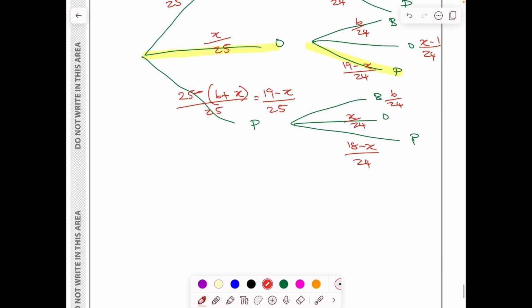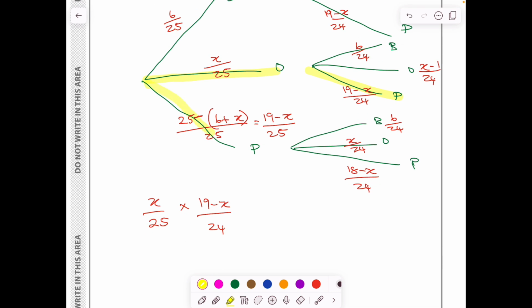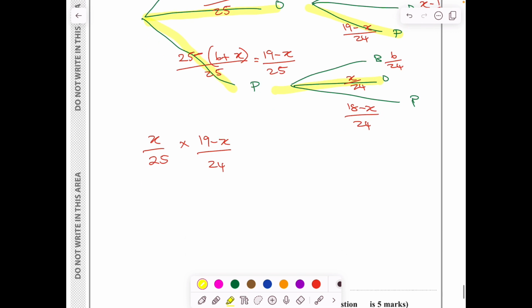Let me write that down: X over 25 multiplied by 19 minus X over 24. And the other possibility is that it was pink first and then orange. So that is going to be 19 minus X over 25 multiplied by X over 24.